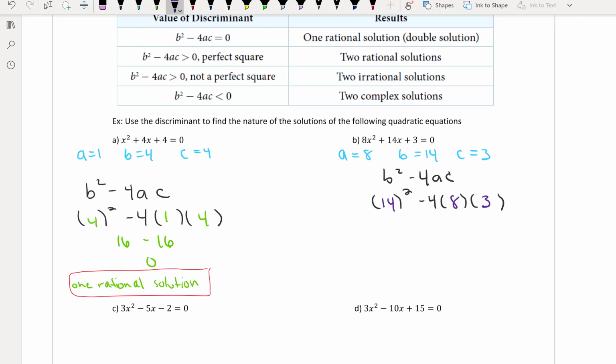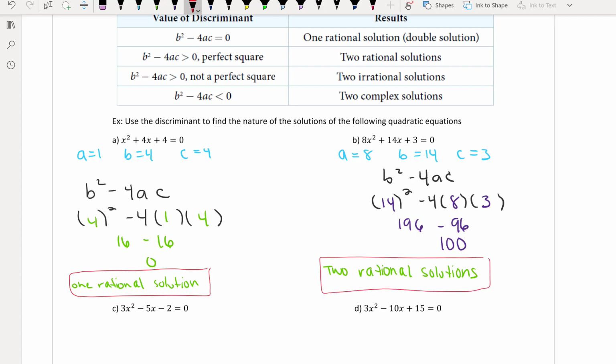So I'm going to have my 14 squared, which is 196, minus, well, 4 times 8 is 32, times 3, which gives me 96. So 196 minus 96 is 100. So that is a positive perfect square. So I'm going to say that I have two rational solutions. And the way I did that was by looking at my table up above.